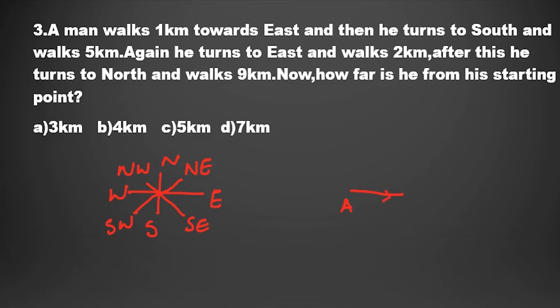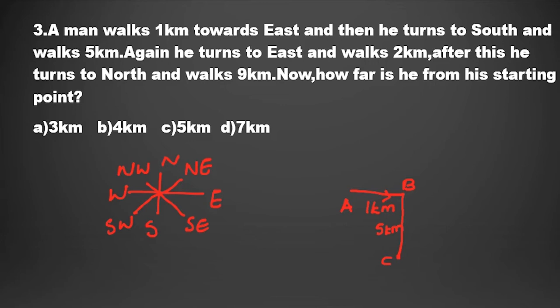Up to B, 1 kilometer. Then he turns to south and walks 5 kilometers. From B, he turns to south direction up to 5 kilometers, at the point C. Again he turns to east and walks 2 kilometers.